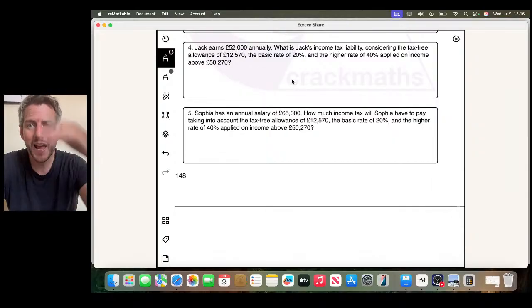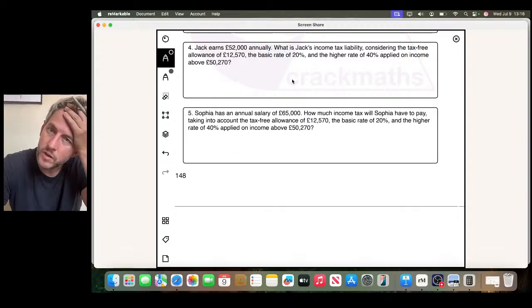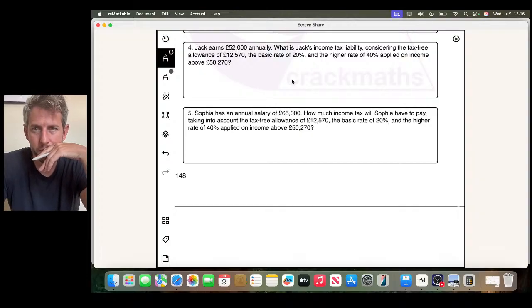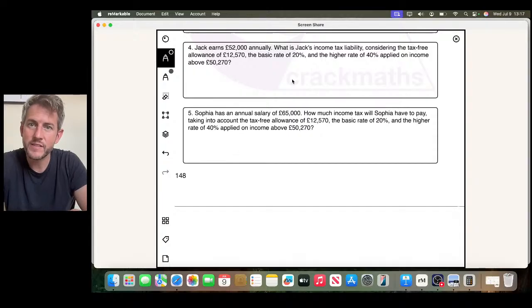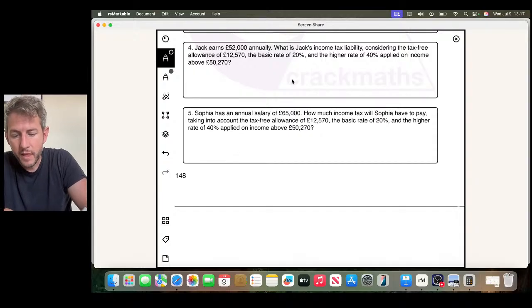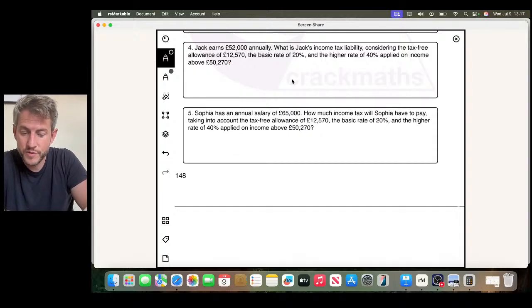All right, so Jack actually does earn more than the basic rate. So what we're going to do is work out how much he pays for the basic rate. So up to 50,270 is basic rate.